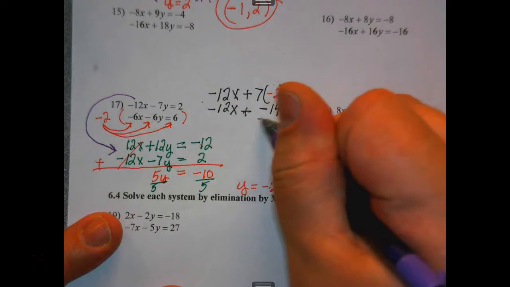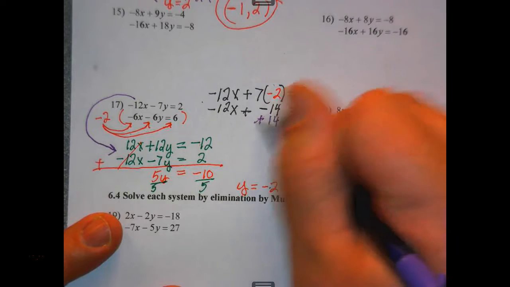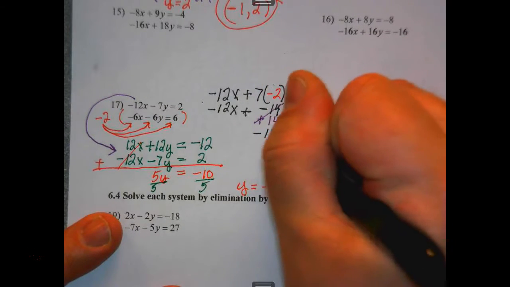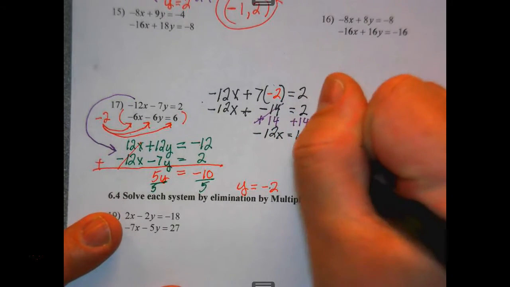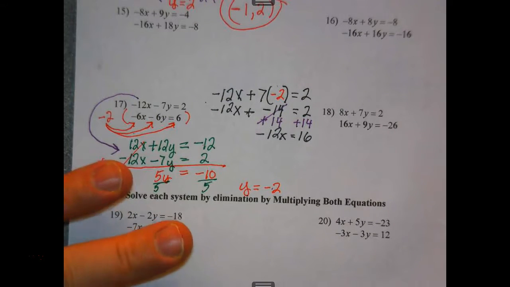So I'm going to add 14. I get negative 12x equals 16. Divide by negative 12.